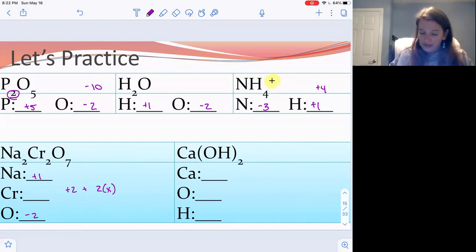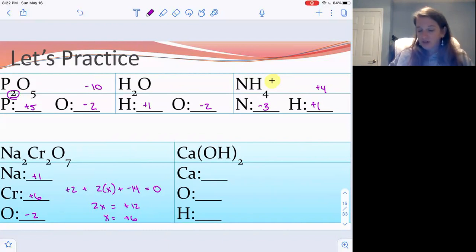Then I've got 14 total negatives from my oxygens, and that all has to equal 0. So my 2 chromiums have to equal +12, so each chromium is going to equal +6. That's the oxidation number of my chromium.